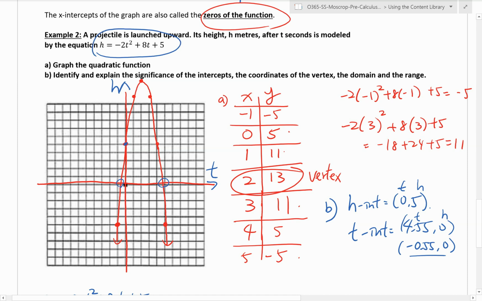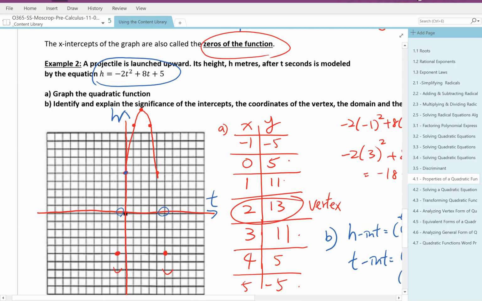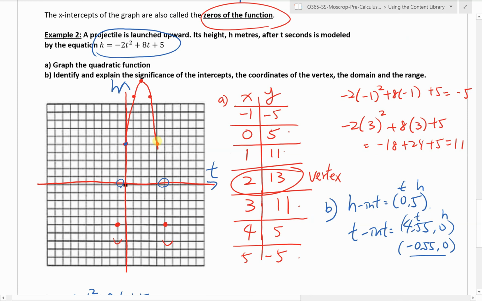But really, in reality, this particular graph only is important right here. This portion does not matter. Okay, let me redraw it, okay? Really, the only part that is important is this, from here to here. You throw it up and it lands right here on the ground.